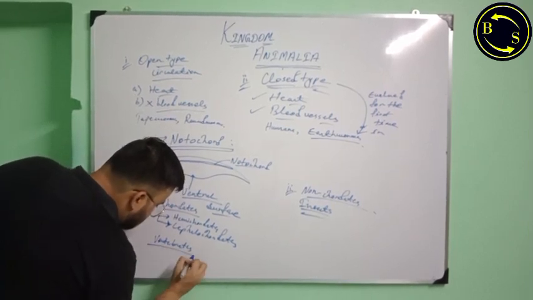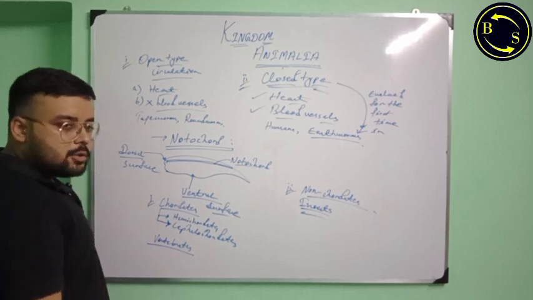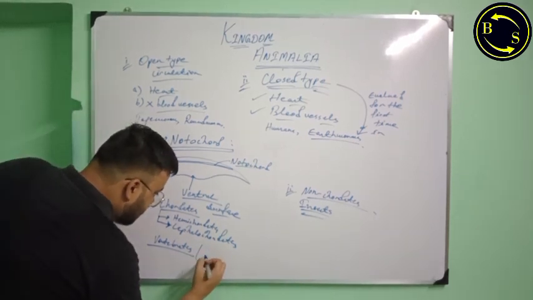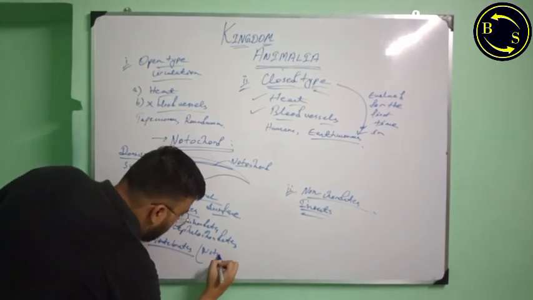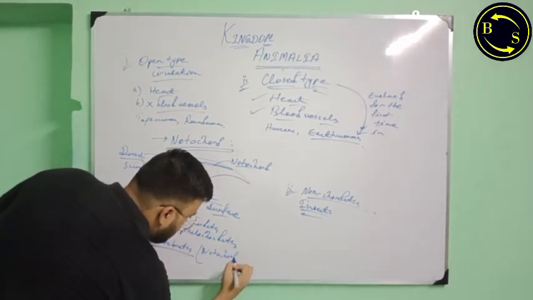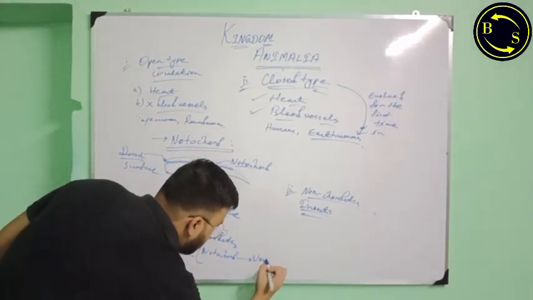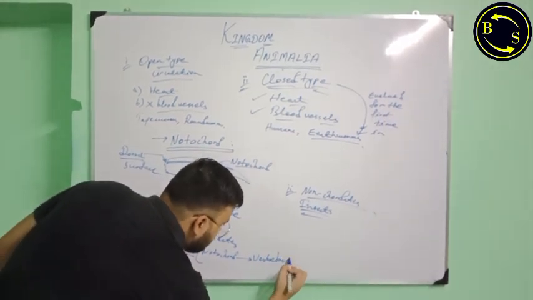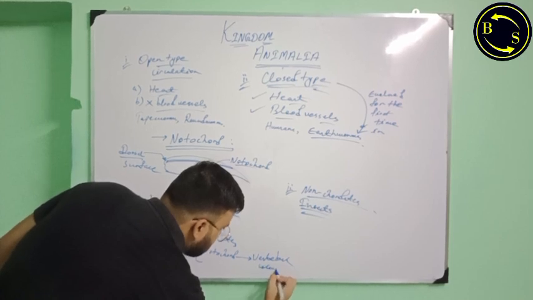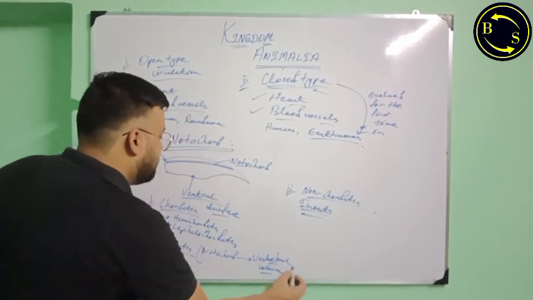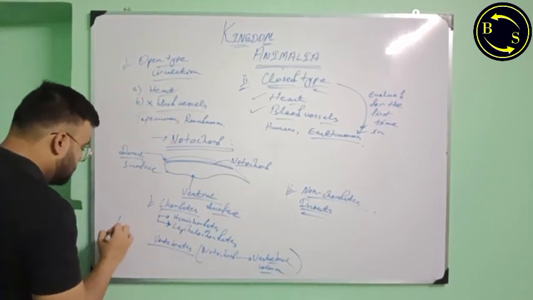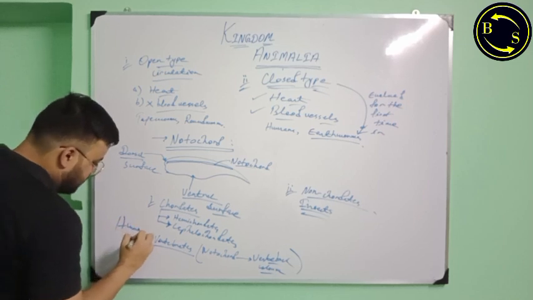Vertebrates have replaced the notochord by a vertebral column. For example, humans are vertebrates.